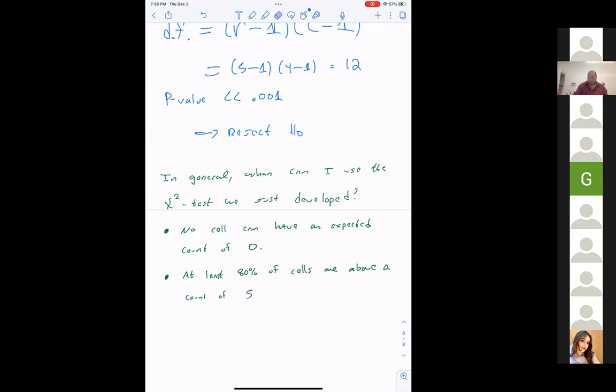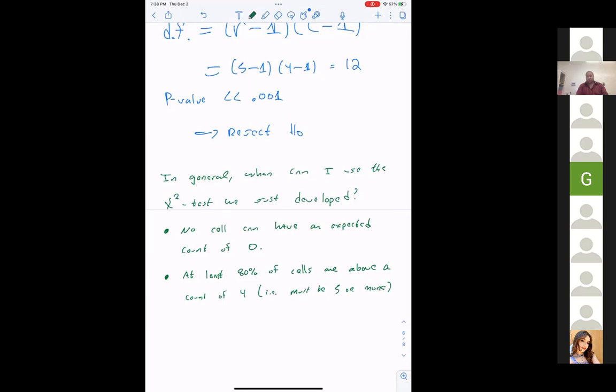So I'll say above a count of 4, i.e. must be 5 or more. Yeah, that's it. Those are the two. No cell can have an expected count of 0, and at least 80% of cells are above a count of 4, i.e. must be 5 or more. In that case, you can use this technique.